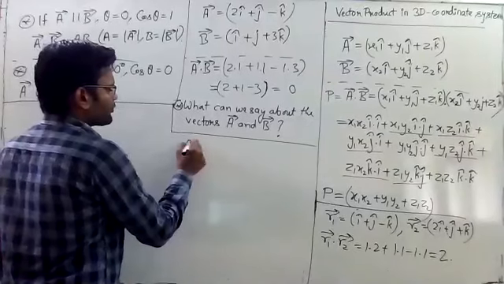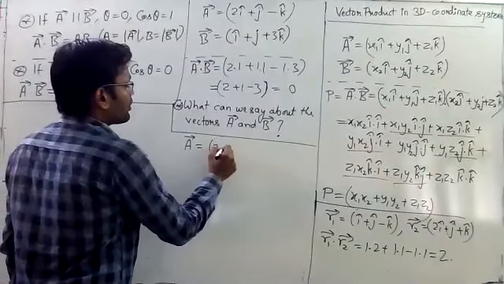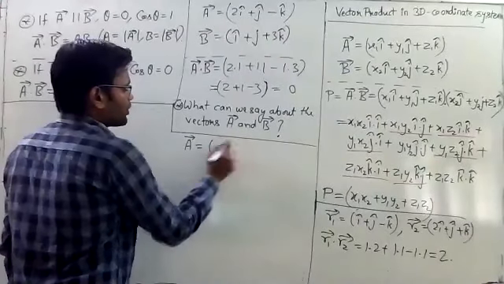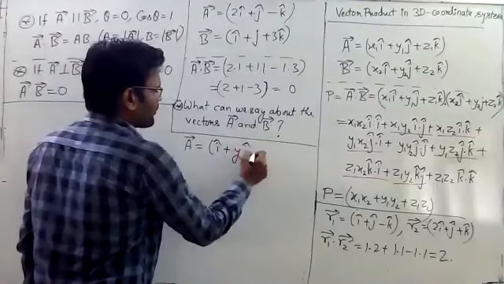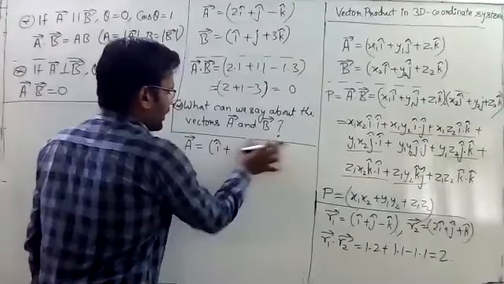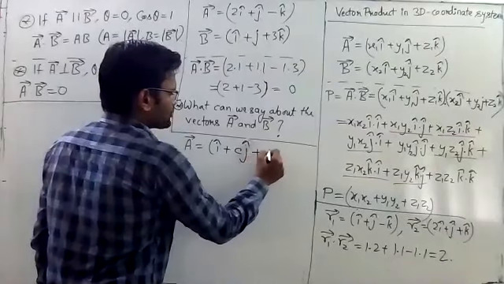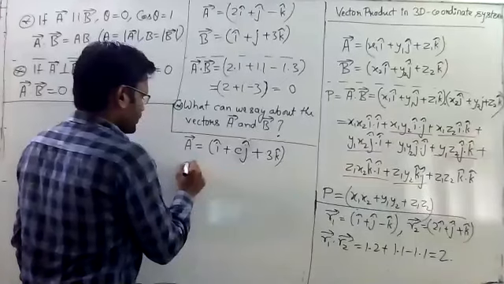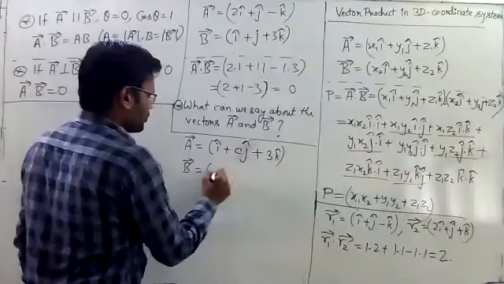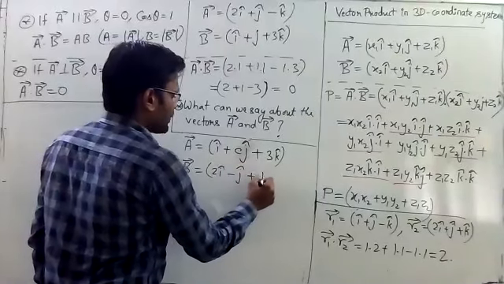Similarly, suppose A is equal to I cap plus c j cap plus 3k cap, and vector B is equal to 2i minus j cap plus k cap.